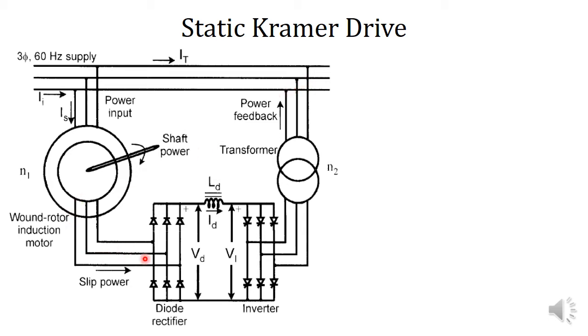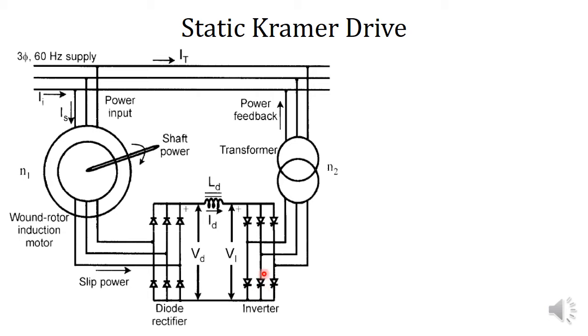For that purpose, we are using this converter circuit. Here the slip power is given to the diode rectifier, which converts the slip power to DC, and the DC link voltage of the diode rectifier is VD, and this is an inductor LD. ID is the DC link current, and this is a load commutated thyristor inverter which operates at a firing angle which is greater than 90 degree.